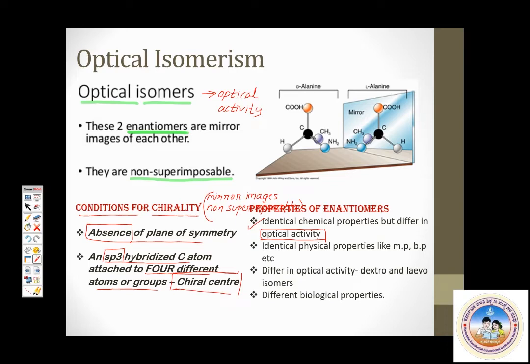The isomer which rotates plane polarized light to the right is called dextro, right side rotation or clockwise rotation. The other isomer which rotates plane polarized light to the left is called levo or anti-clockwise rotation. They also have different biological properties. So this is basic information related to optical isomerism.